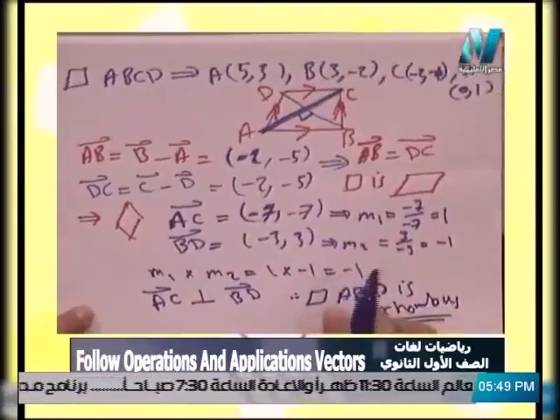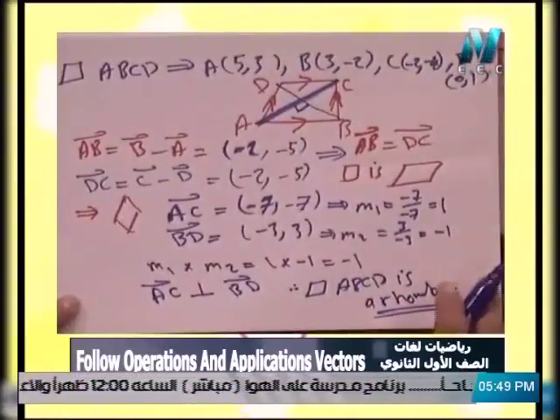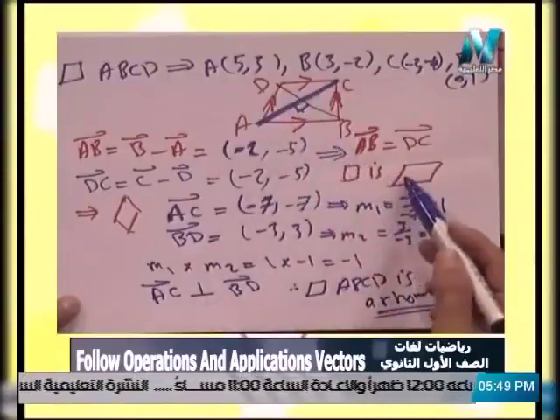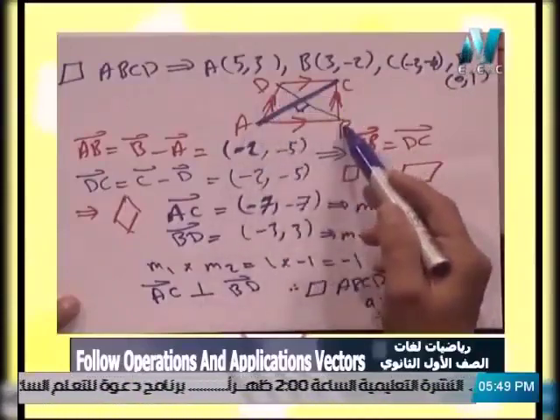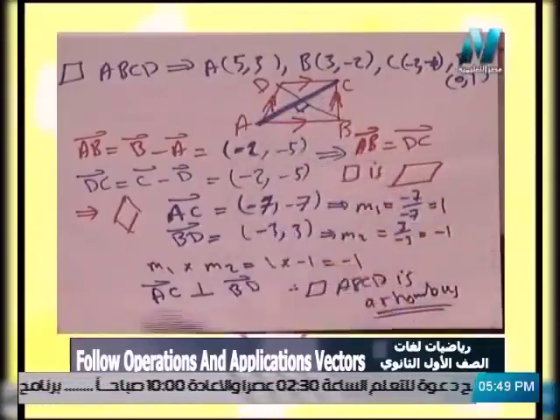Now it's easy for you to use that. We proved that this quad is a parallelogram first, then we found the two diagonals and proved that they are perpendicular. So it's a rhombus.